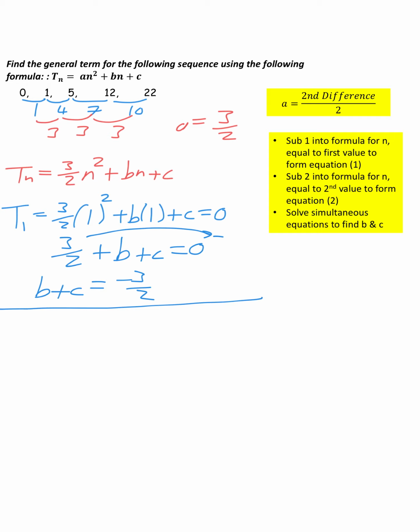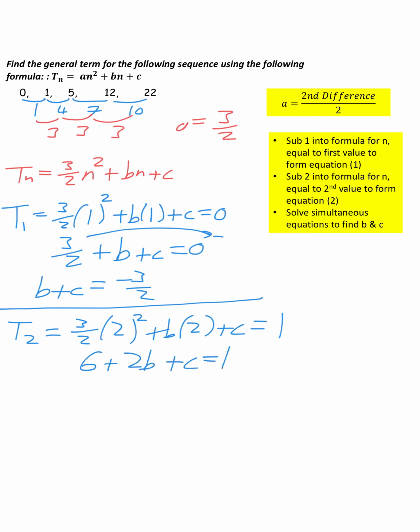Now, next step, sub 2 into the formula. So we'll have 3 over 2, replace the n now with 2, and equal it to the second term, which is 1. Okay, so 2 squared is 4. 4 times 3 over 2 then, that'll be 6. b times 2 is 2b plus c equals 1.